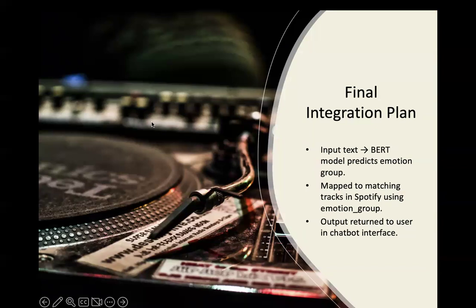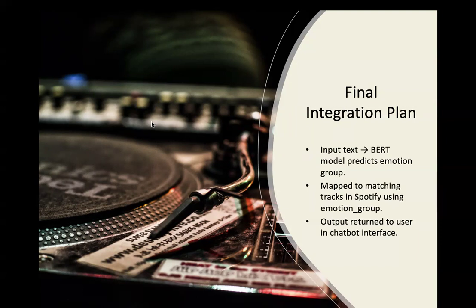Sorry, Vamsi, thank you. The final integration plan is that we will send the input text into the BERT model, and as you know, from the emotion dataset, we'll get the emotion from the BERT model and map that emotion to the Spotify data. We worked on the Spotify data and figured out which variables are important for deciding which emotion to give each song.